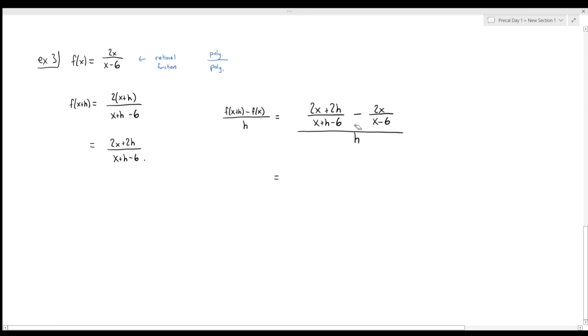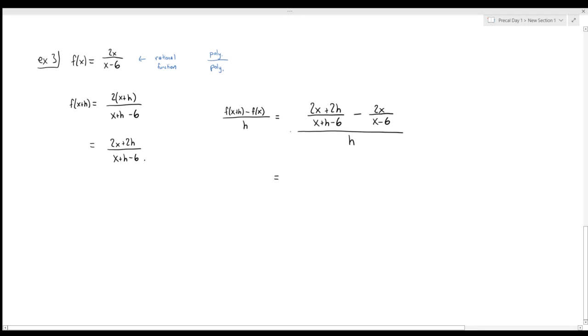Now we want to simplify this somehow. And at some point we want to try to cancel out the h in the denominator. So the only thing that we can do in the numerator is try to combine the two fractions together.